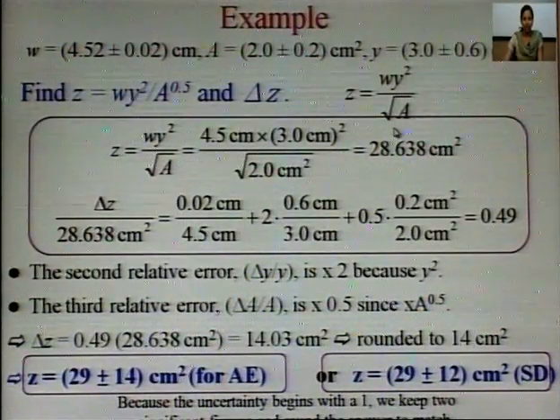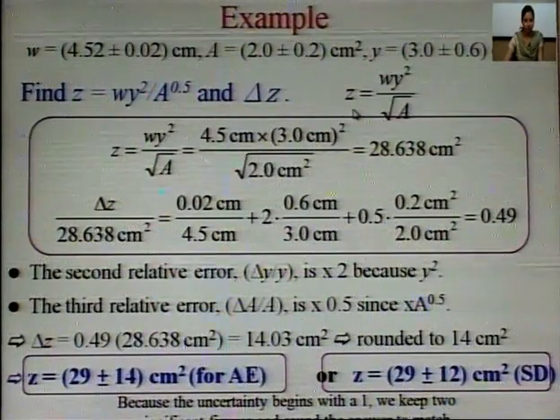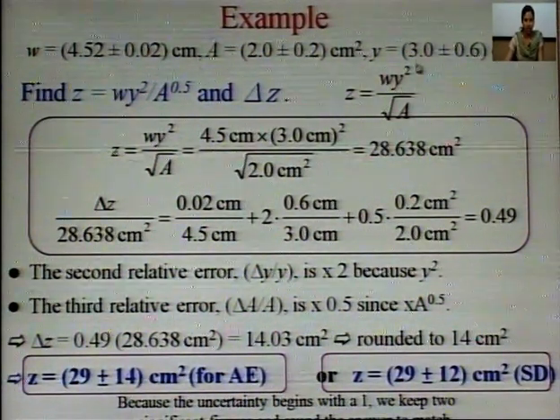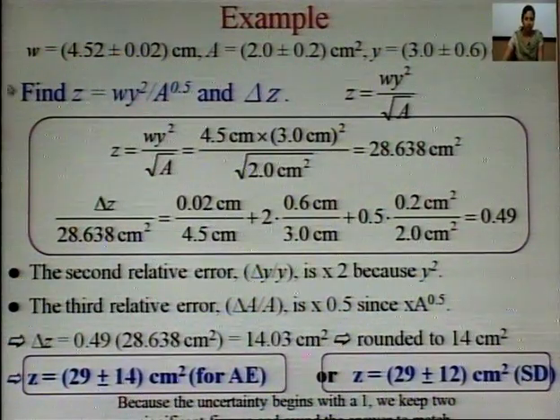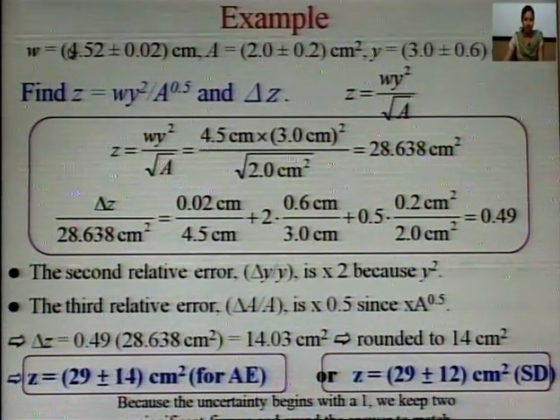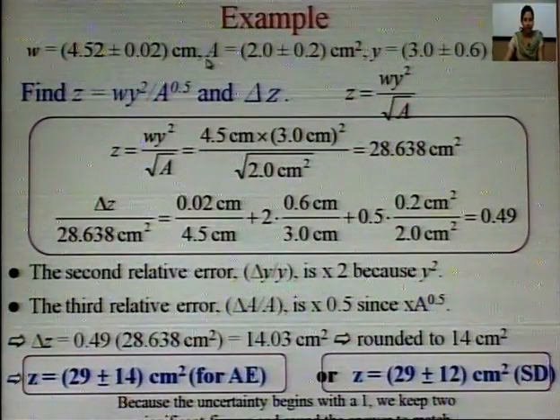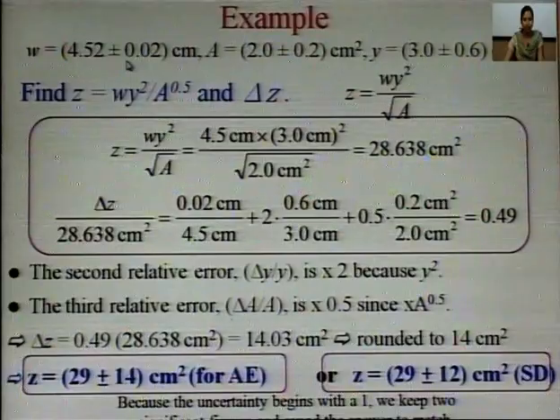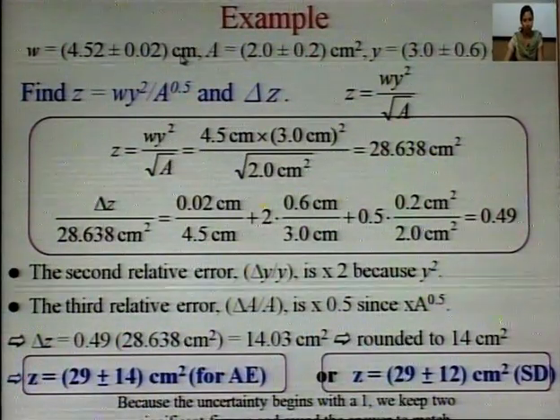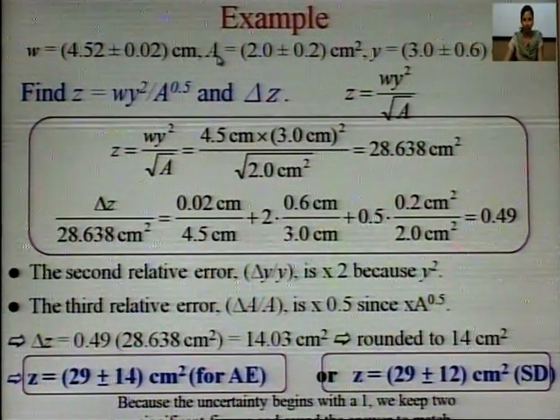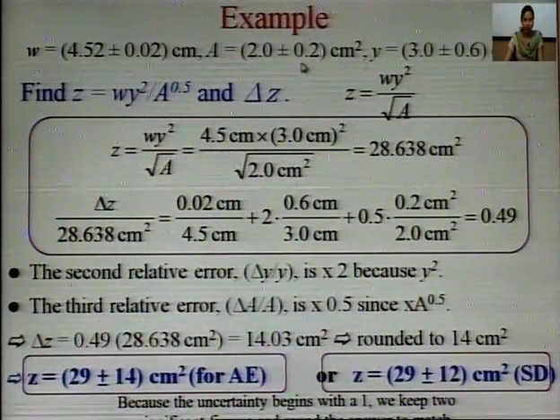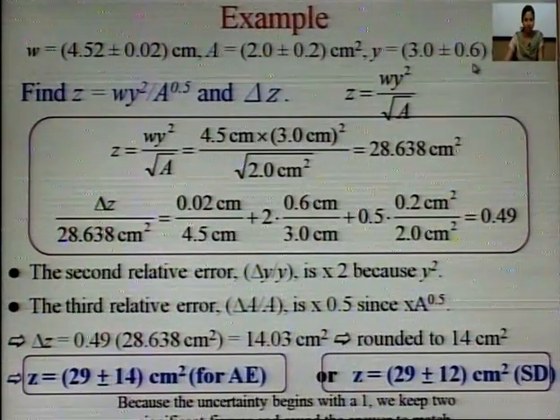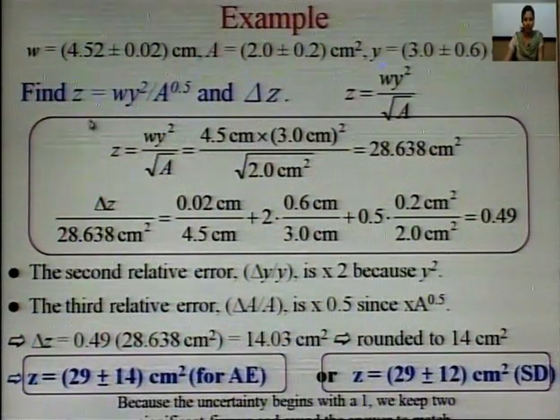Now we will do some numerical based upon all the combinations like multiplication and its power. So these three are physical quantities W, A and Y. Its measurement gave the value 4.52 plus minus 0.02 centimeter, and A is 2 plus minus 0.2 centimeter square, Y is 3 plus minus 0.6 centimeter.